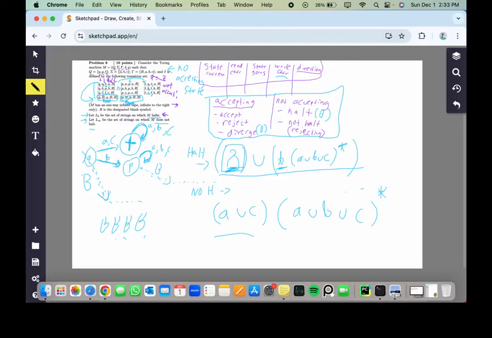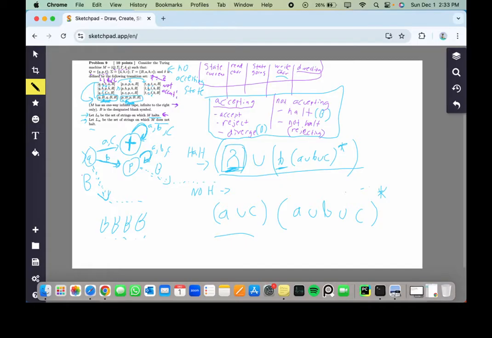Oh, hi, question? Yeah. So basically, whenever we have a blank, that means it halts. If we don't have any blank, then that means it doesn't halt.